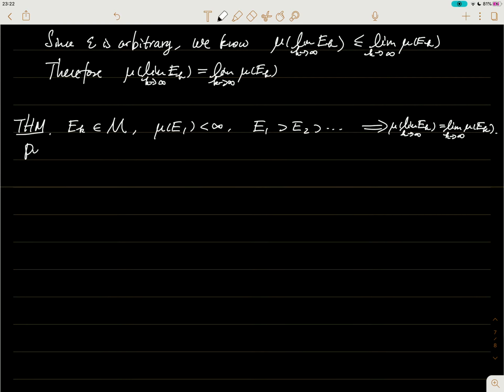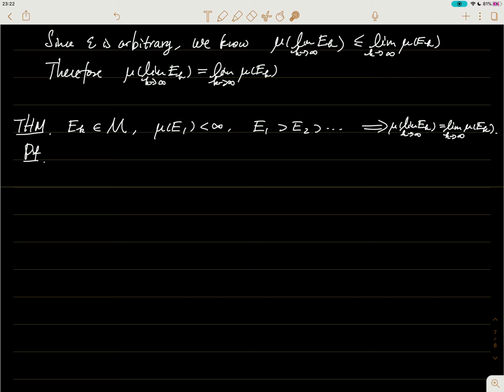Okay, the proof of this is just applying the previous one. Notice that we have this mu of E1 is finite, so it's just a constant, a finite number. By the way, I should first say that because this first E1 has a finite measure and the sets are decreasing, the later ones also have finite measures, right?